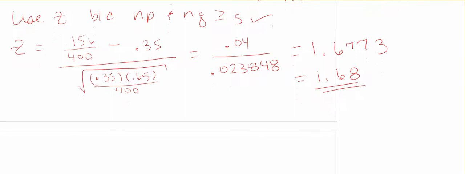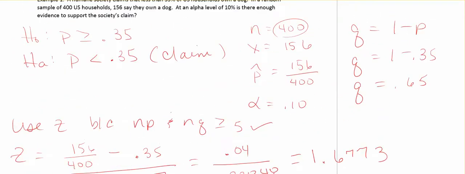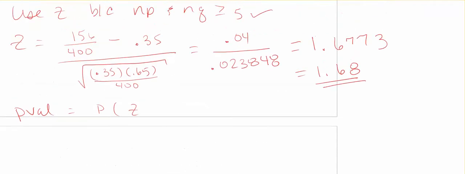Now, again, p-value works the same way. So our p-value statement is going to be the probability that z can be what compared to that 1.68. So if we come back up here in the book, it's supposed to be less than. Well, I'm not even going to finish this problem. I'll tell you why. Where is 1.68 picture-wise?